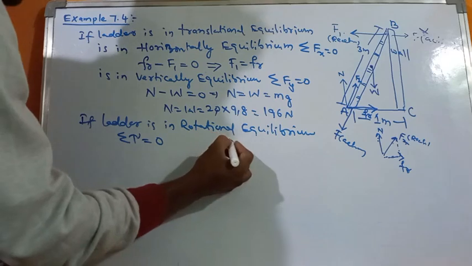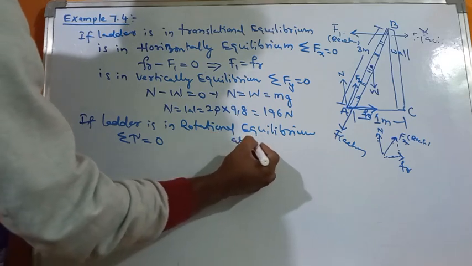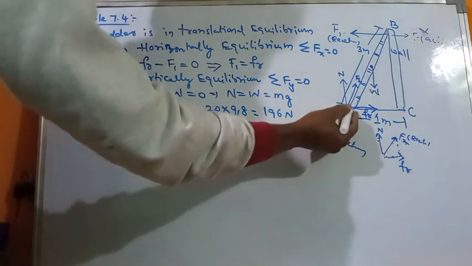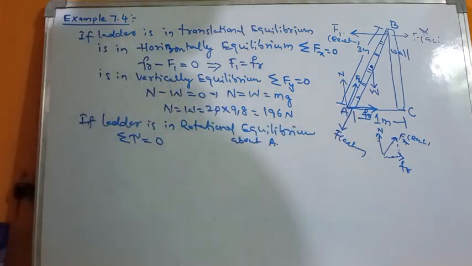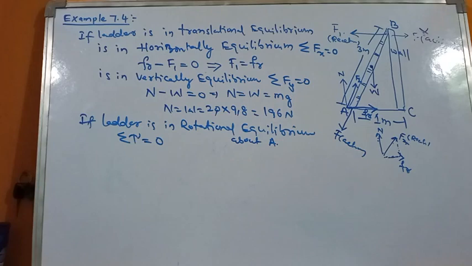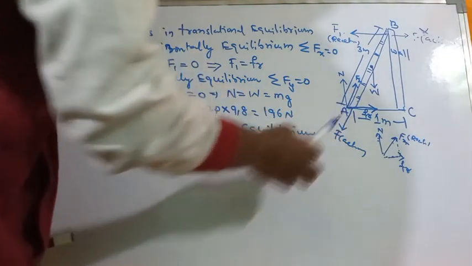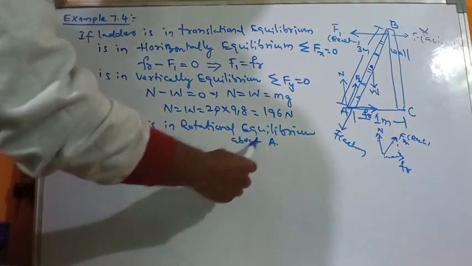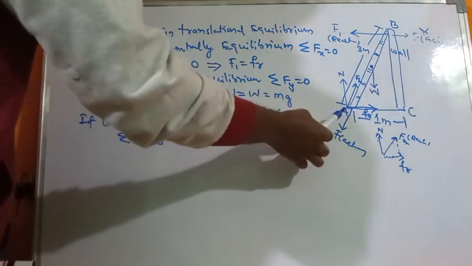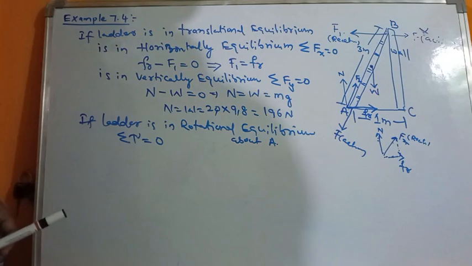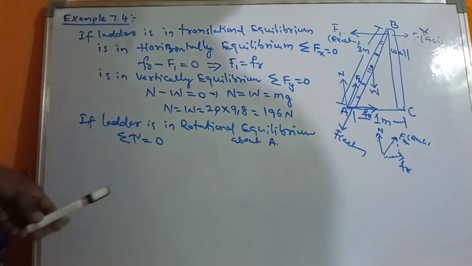Rotational equilibrium about point A means this point A behaves like the origin. So our ladder is in rotational equilibrium about A, meaning A is acting as the origin.